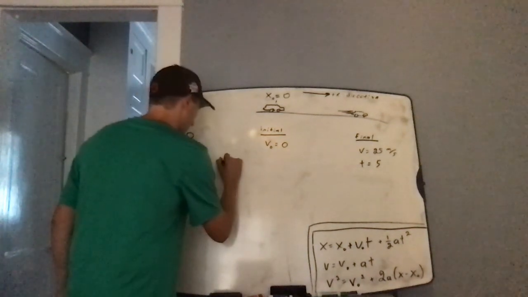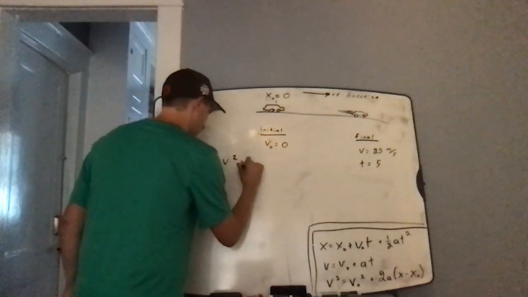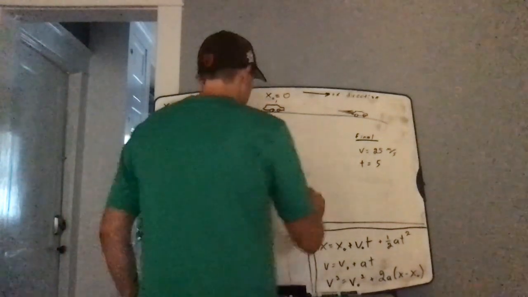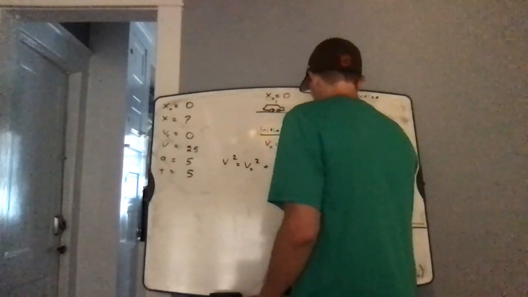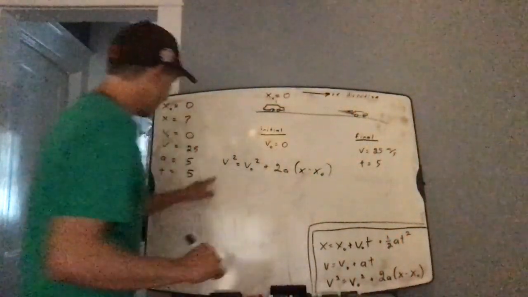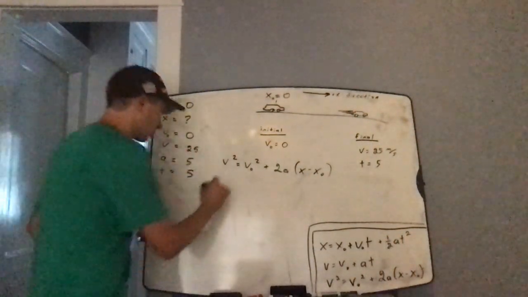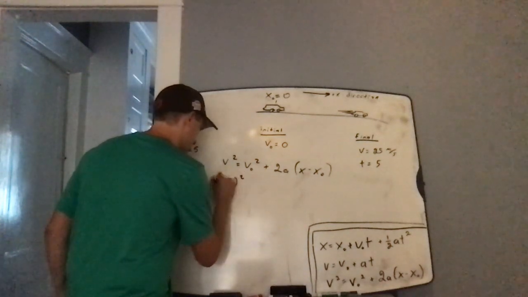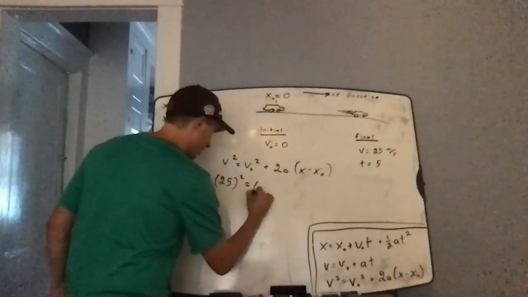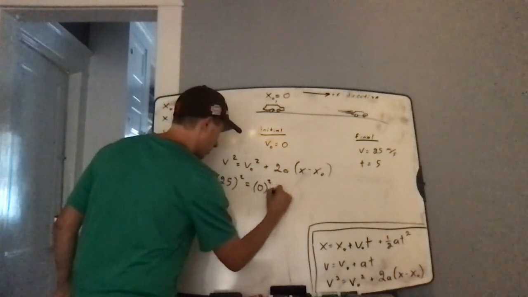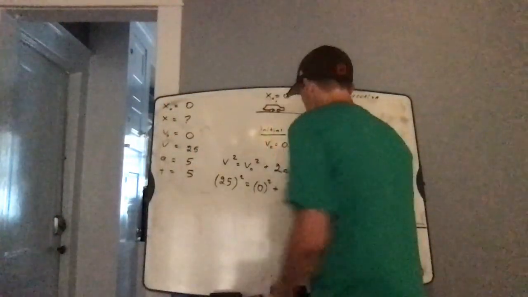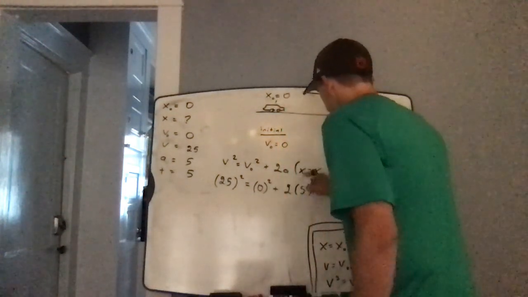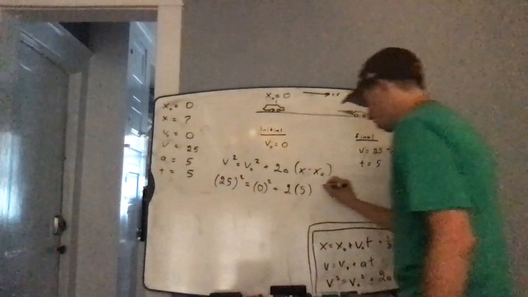So we have V squared is equal to V initial squared plus 2A, X final minus X initial. V final squared, 25 squared. V initial squared, 0 squared, plus 2A, 2 times acceleration 5, X final minus X initial.